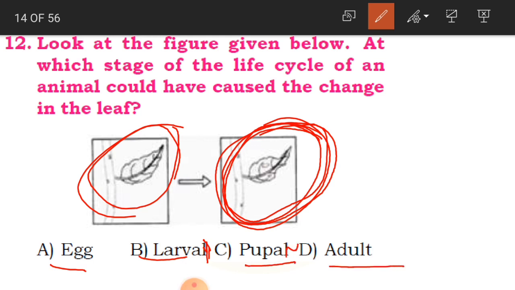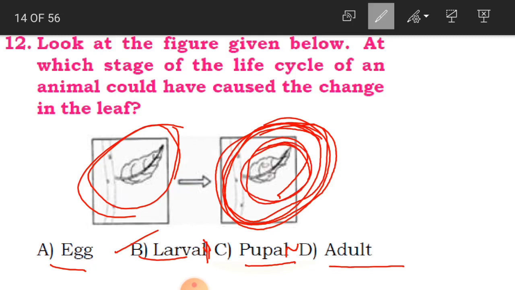Okay, children? Yes, the answer is B option, that is larva. When the larva is on the leaf, automatically that larva is going to take its food from the leaf. So that is why the leaf shape has been changed.